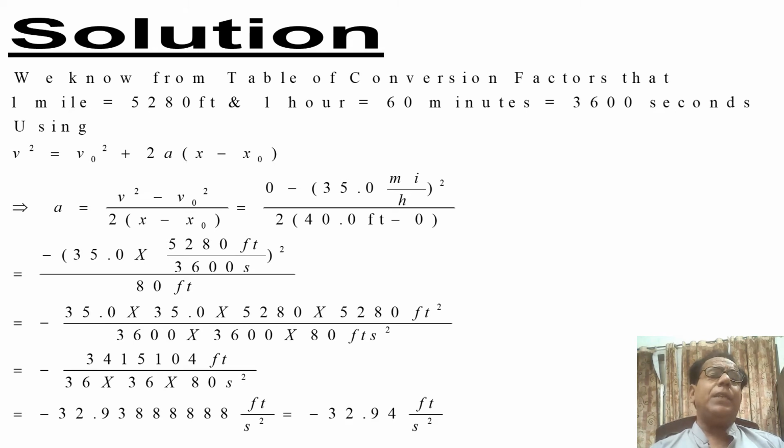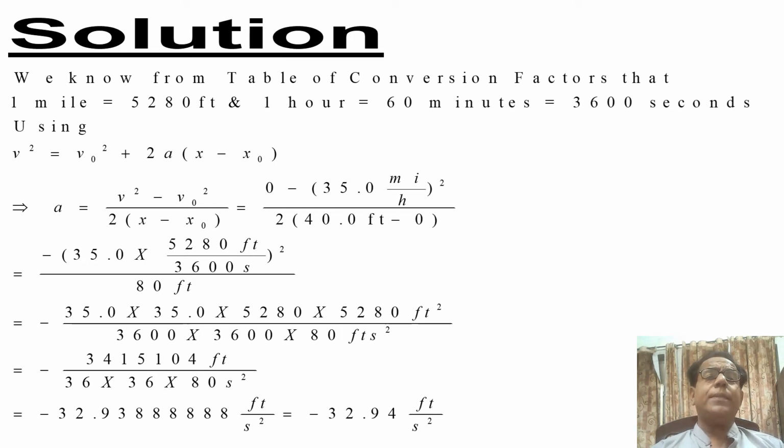This alternatively becomes equal to minus 35.0 times 35.0 because it is squared, times 5280 times 5280 feet squared, divided by 3600 times 3600 times 80 feet times second squared.